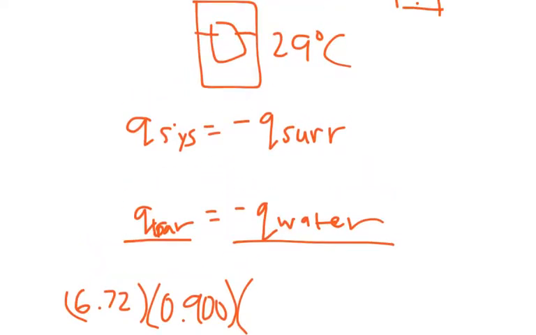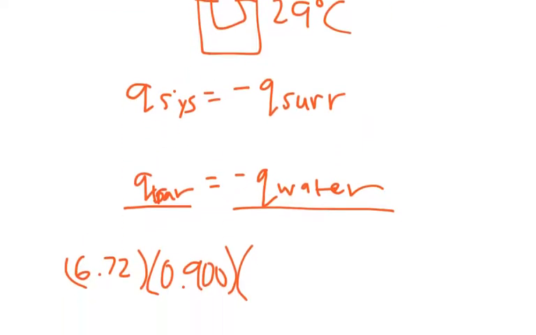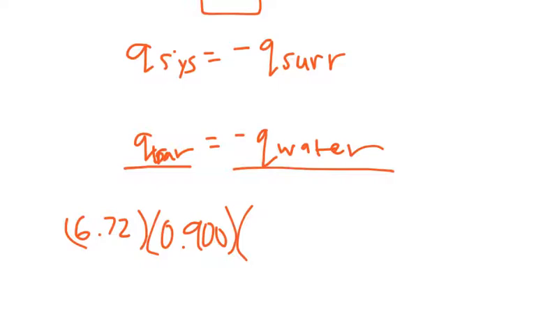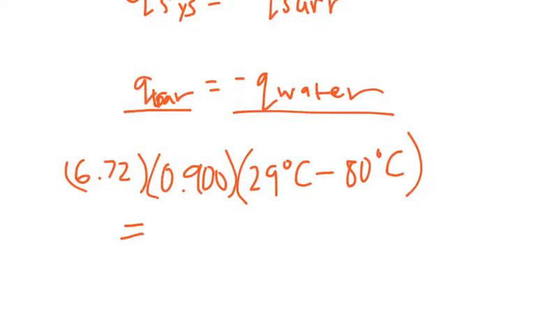So the change in temperature is equal to the final temperature minus the initial. So the final temperature is 29 degrees Celsius, and the initial temperature was 80 degrees Celsius. And this will be equal to negative of the mcΔT for water. So what is the mass of the water? Well, we don't know that.